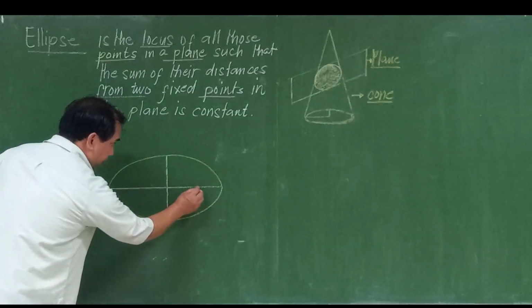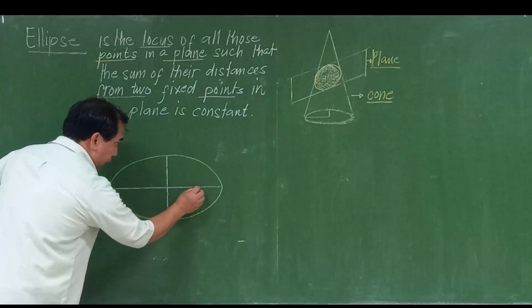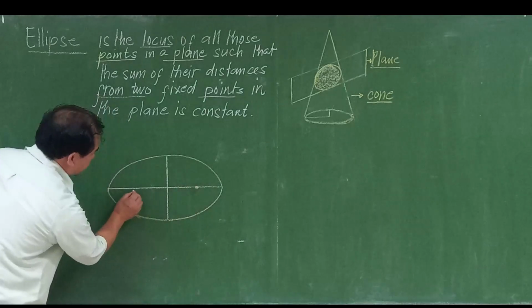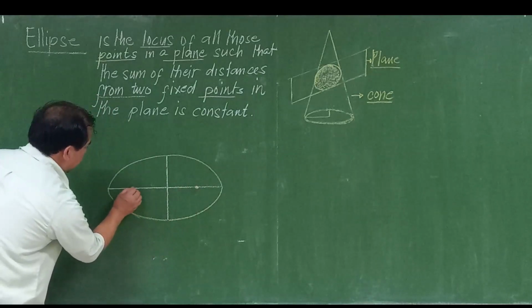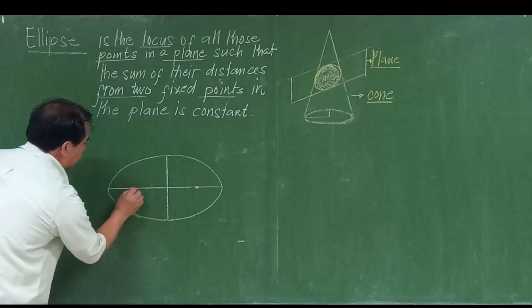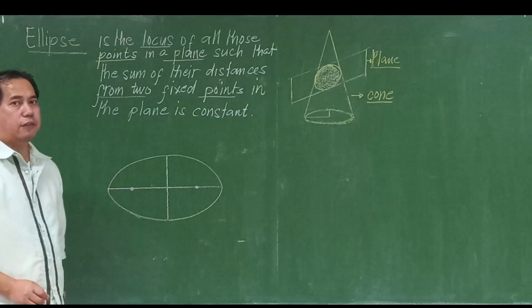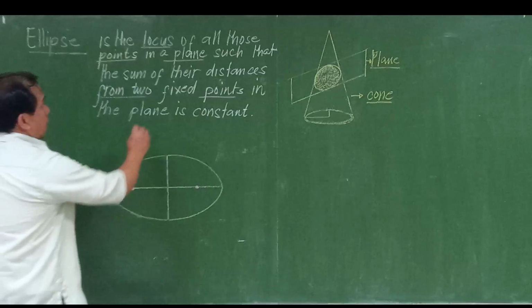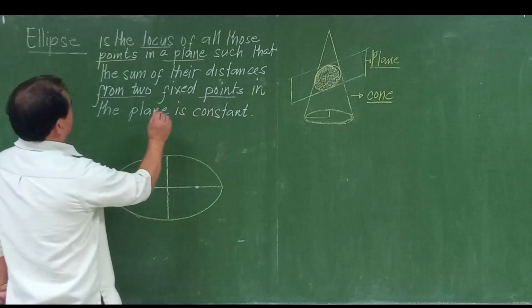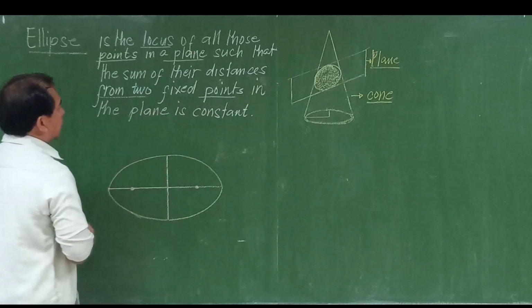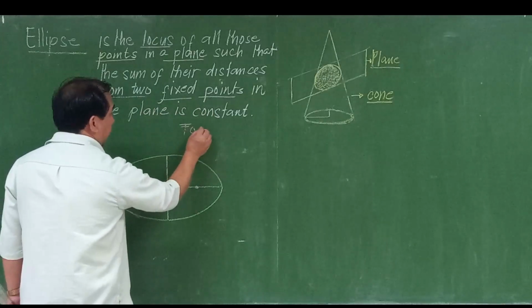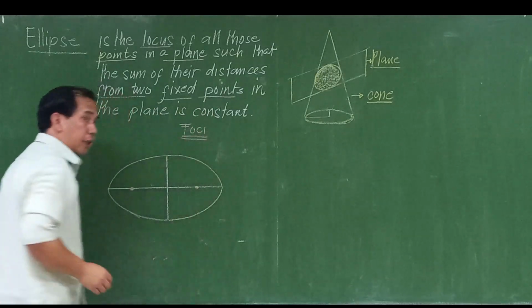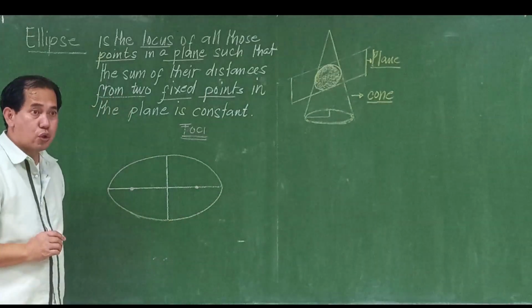So what if we say that this point must be considered to be one of the fixed points? Another one would be this one. Okay? So we have in here two fixed points, and the fixed points that we are talking about are called the foci. Foci is the plural form of focus.